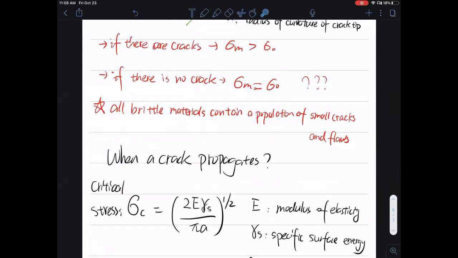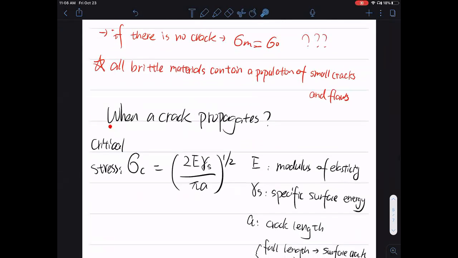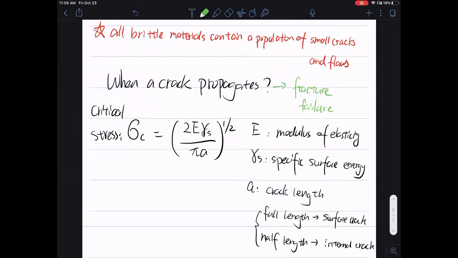And second equation we learned is to determine when a crack would propagate. Why is it important? Because a crack propagates, that will lead to fracture. Fracture means failure, right? As an engineer, we want to know when would the material fail. So another equation here to calculate what is the critical stress that would cause the crack propagation.